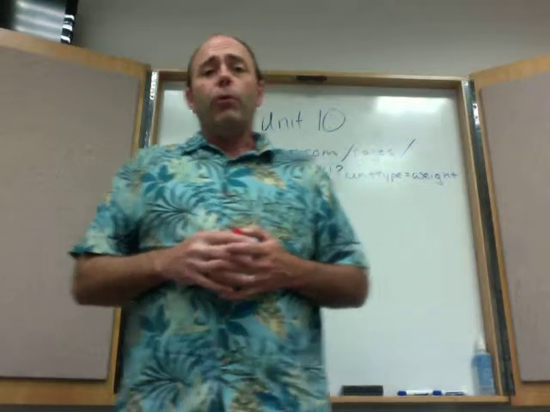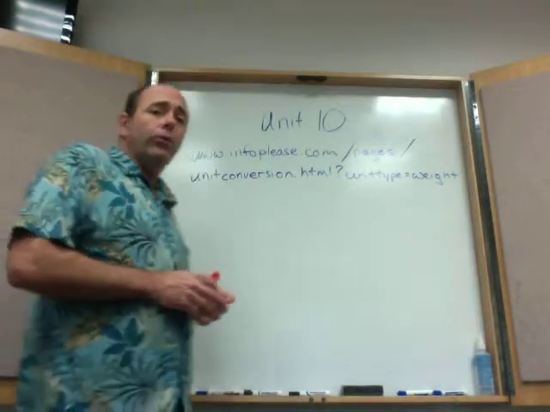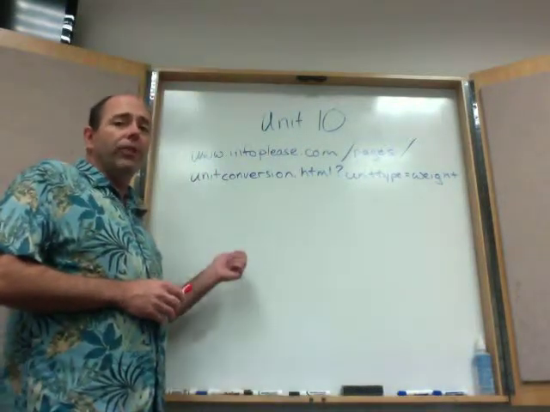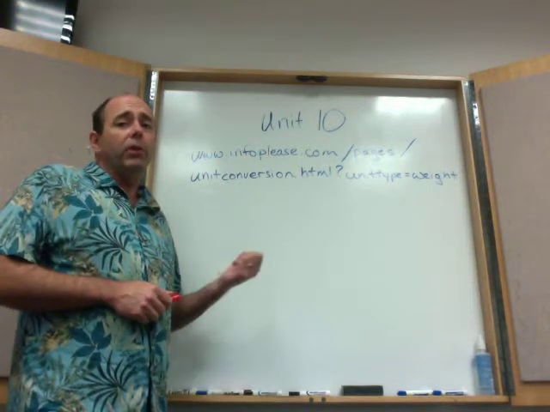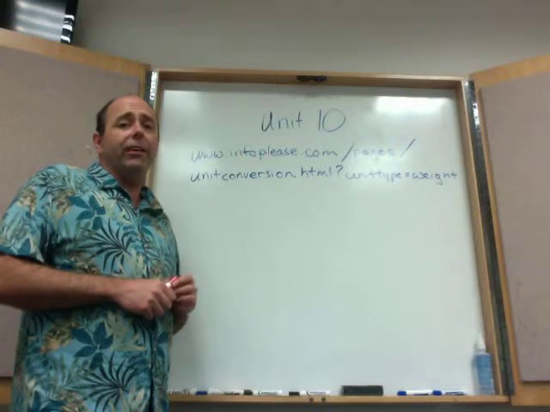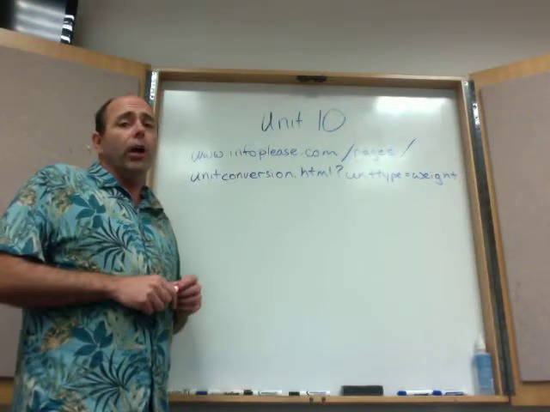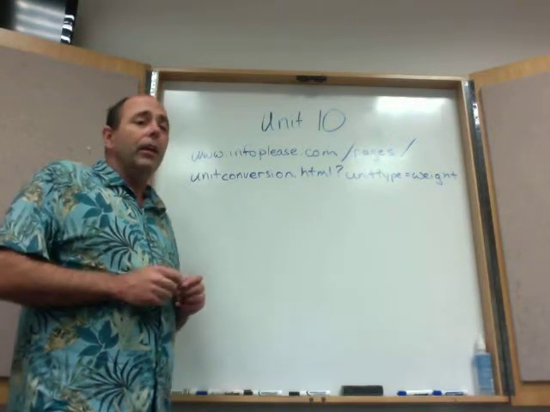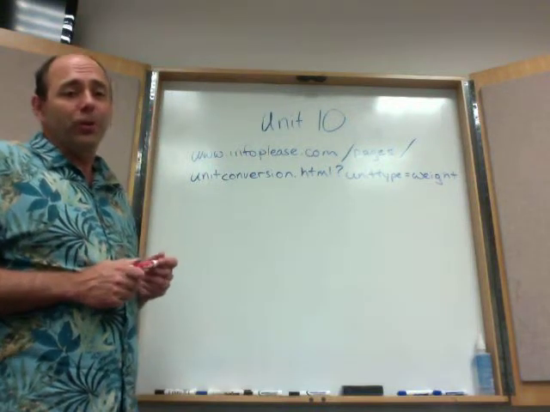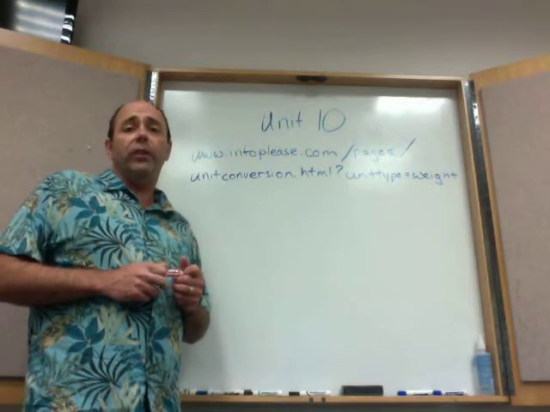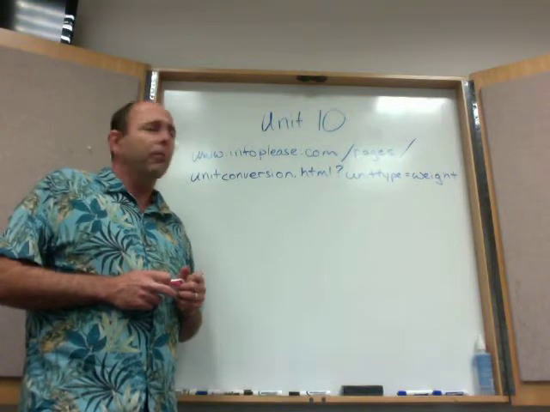What you might want to do right now is pause and write down this website. This website has a really good calculator. This one is set for weight, but right on the right-hand side you can also see there are some other conversion calculators, including cooking, which will also, believe it or not, be useful for you because it converts teaspoons into ounces and things like that.